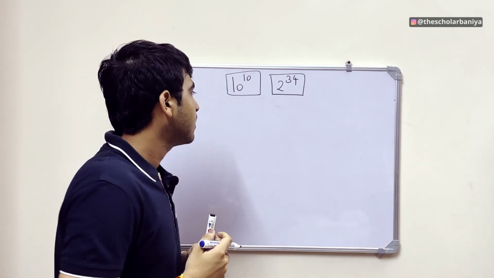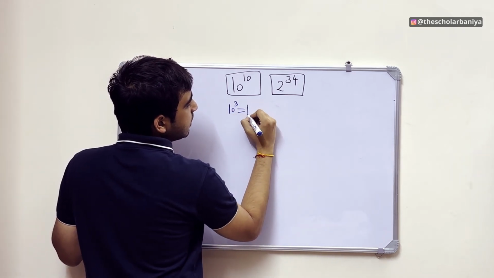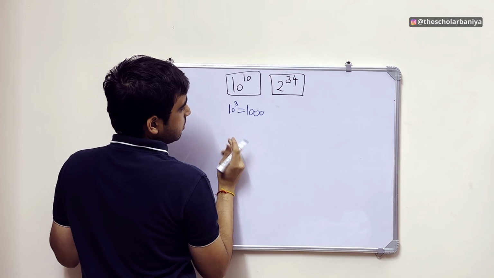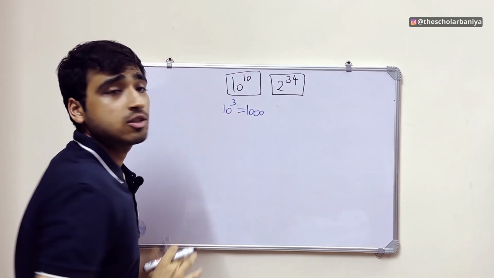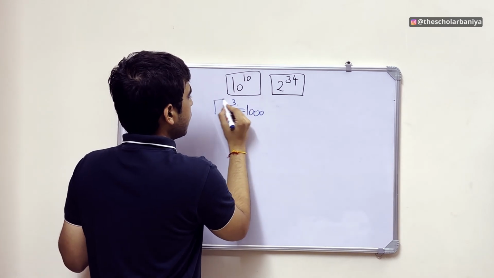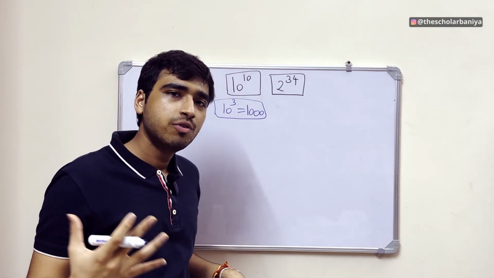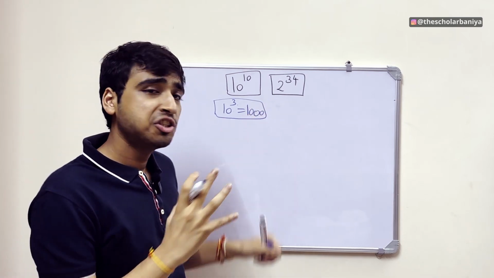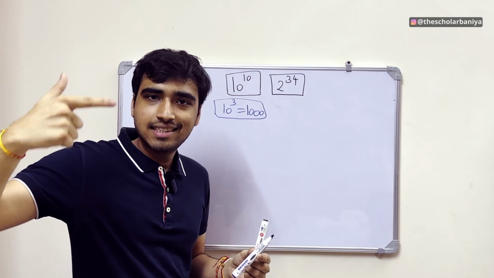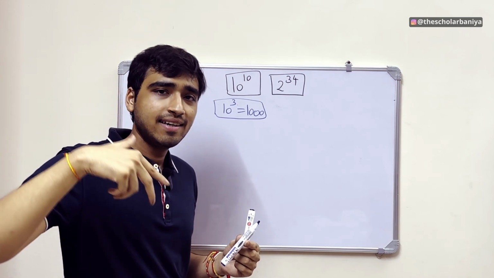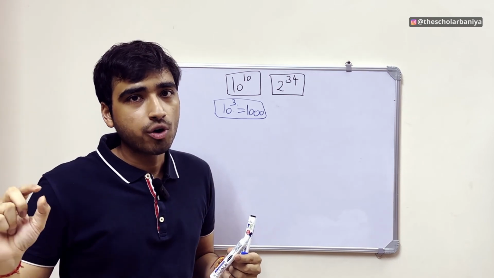Now, what I mean by that is that, for example, we know 10 to the power 3 is 1000, right? 10 to the power 3 is 1000, okay? Perfect. Now, I want you to think of a power of 2 which is close to 1000. So, if you do 2 to the 4, 8, 16, 32, 64, 128, 256, 512, and then 1024, right?